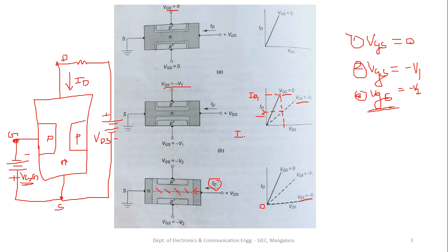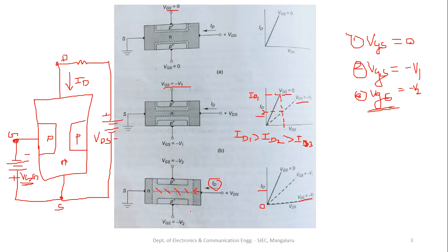So here you can see ID1 is greater than ID2, and this is greater than ID3, the third case. In the third case, this is the ID, we'll consider this as ID3. In this case, the depletion region has completely blocked the channel.